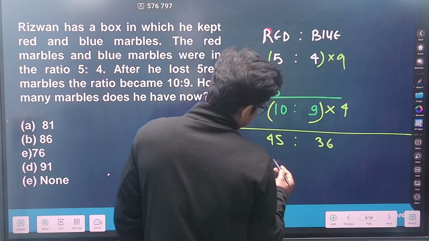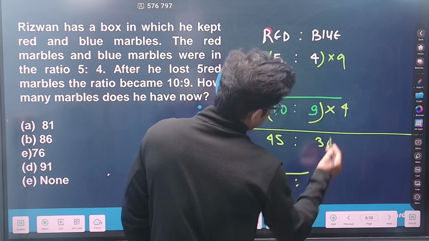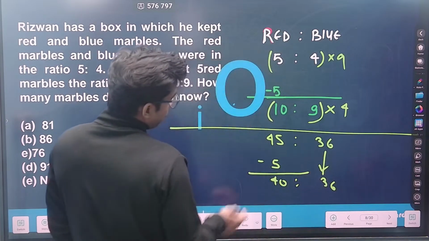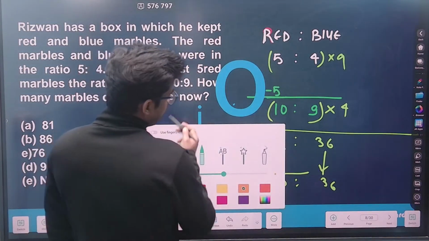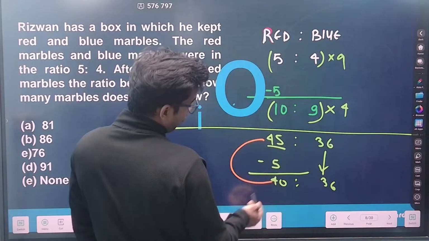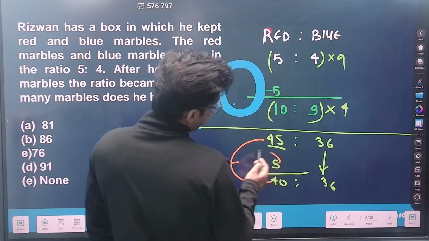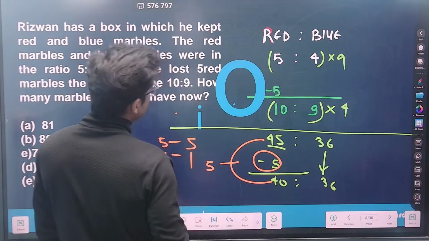And after decreasing this 5, this will become 40 and this will become again 36. See, my blue marbles remain the same. But from 45 to 40, what is the decrement? Decrement of 5. So 5 is equal to 5, then 1 equals to 1.